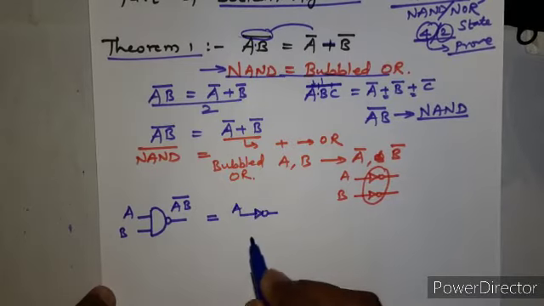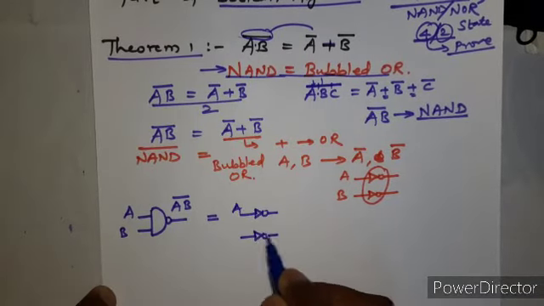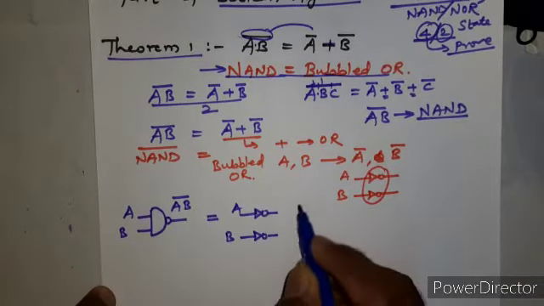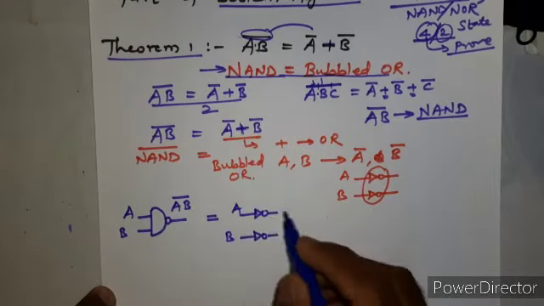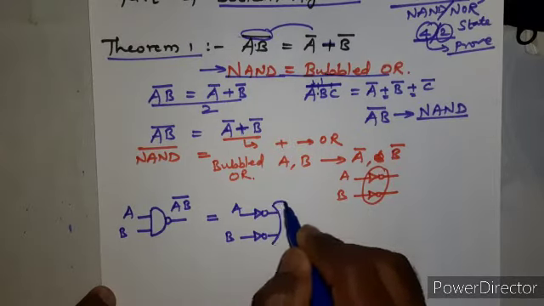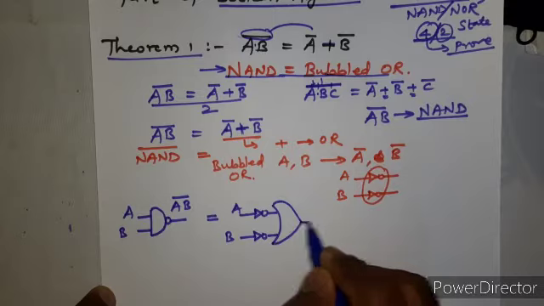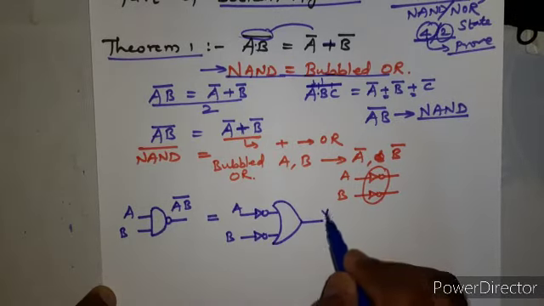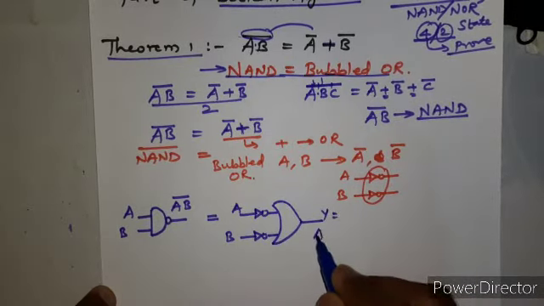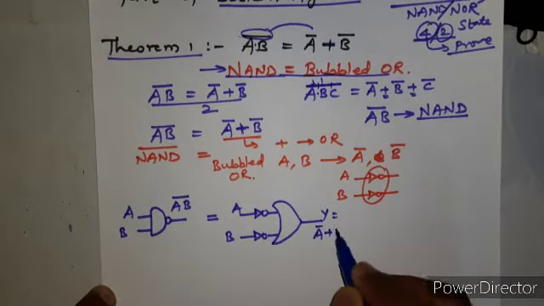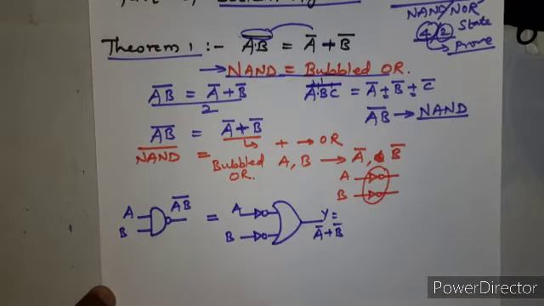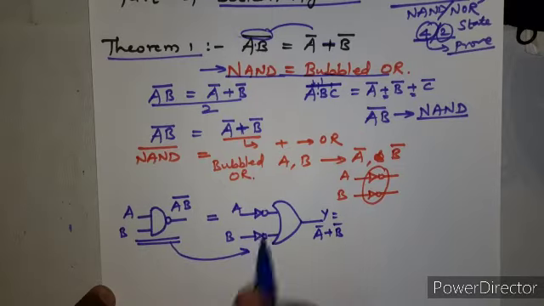This is A and this is B. Since this is plus, we need to have this OR gate here, and this is Y, which is equal to A bar plus B bar. Now this NAND gate is equal to the bubbled OR gate.